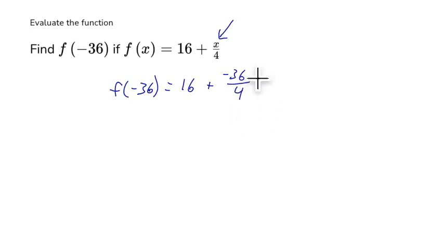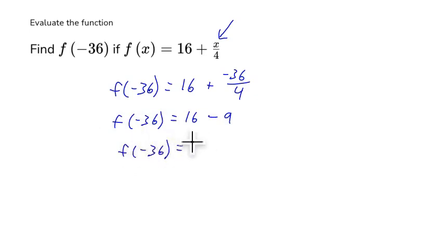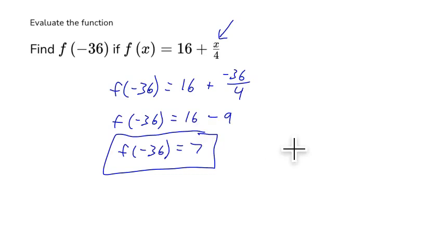So we'll treat this fraction as a division problem. And negative 36 divided by 4 equals negative 9. And 16 minus 9 equals 7. So f of negative 36 equals 7.